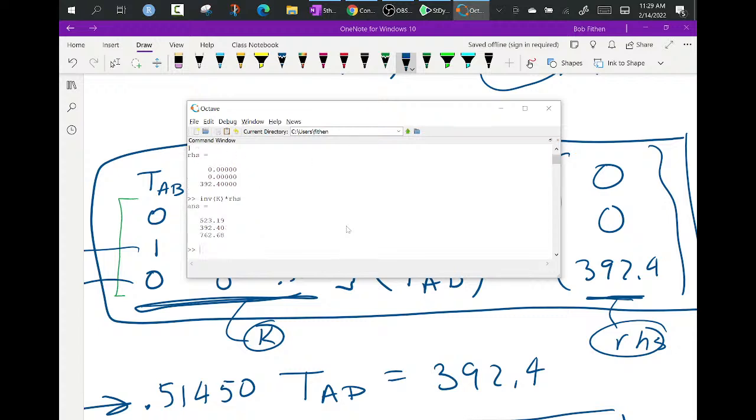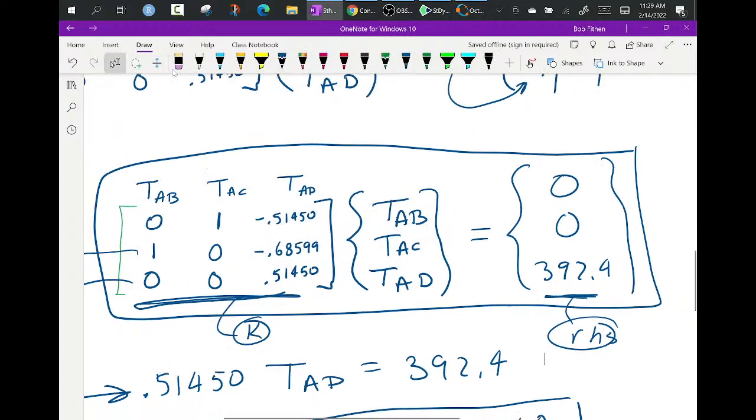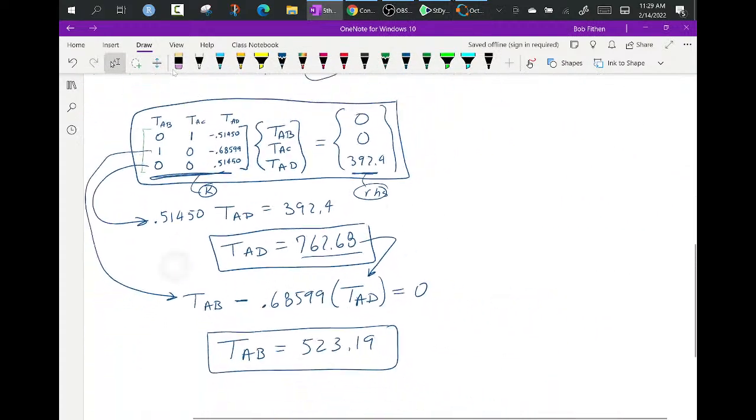And that gets me 523. Let me bounce back and forth between these using Alt-Tab.